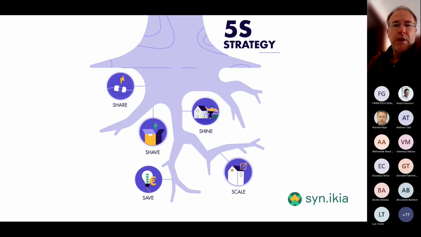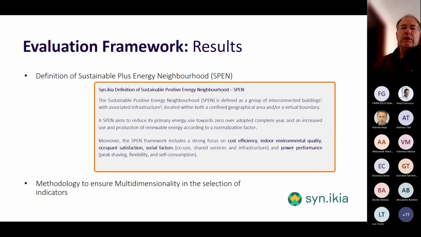Then we developed this evaluation framework based on our definition of sustainable plus energy neighborhoods, defined as a group of interconnected buildings with an associated infrastructure. It can be located in a confined geographical area or even in a virtual boundary.